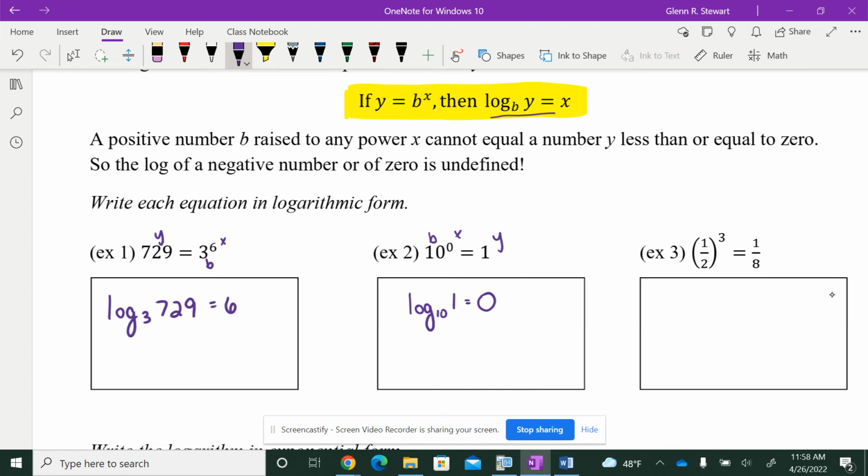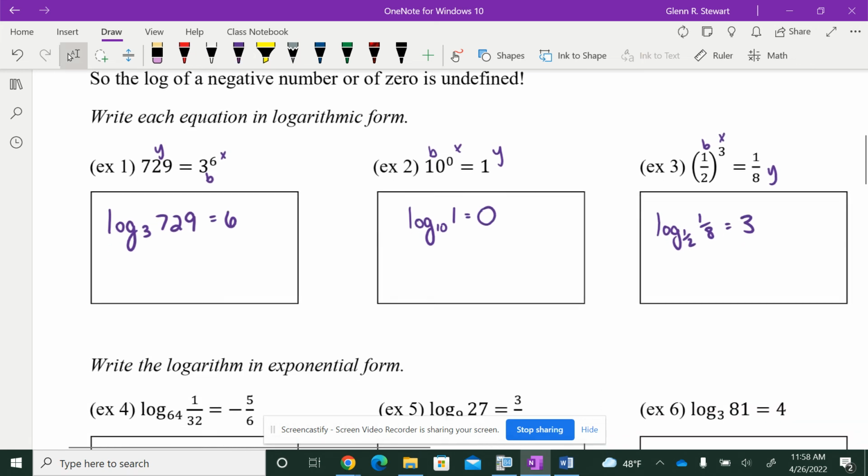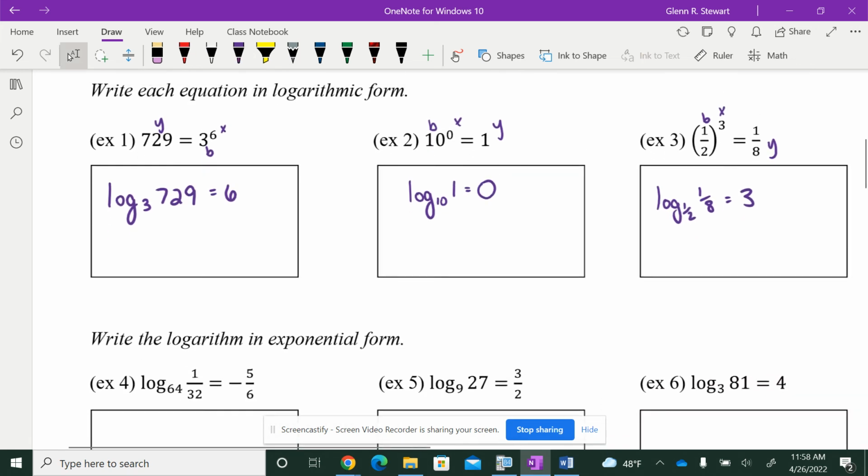Or even in example 3, b, x, and y now becomes log base 1/2 of 1/8 equals 3. And if you were able to plug these into your calculator, you'd see that this log is equal to that other side. We haven't gotten there yet, though, but I will show you how to plug them into your calculator in some form.